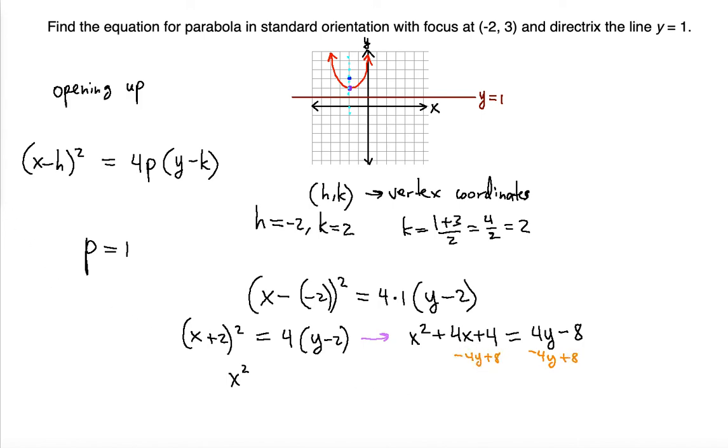So as a result, what we should get is x squared plus 4x minus 4y plus 12 equal to 0, right? So this is going to be your equation of the parabola in standard orientation.